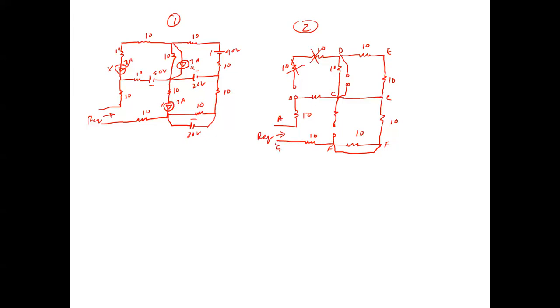Okay, so now this A and B, this is okay, but this is the C point, this is the short point, so this short point and this is the series, this series, this C to C and this C, D, E to C, so this resistance point not work, because this is the short point.